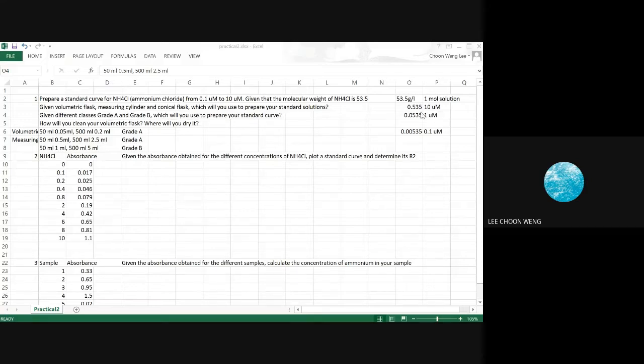Okay, so let's just say you have prepared your solutions through dilution. How do you prepare the dilutions then? Let's say you're given a volumetric flask, measuring cylinder, and conical flask. Which one do you think you will use? Or are all the three the same?